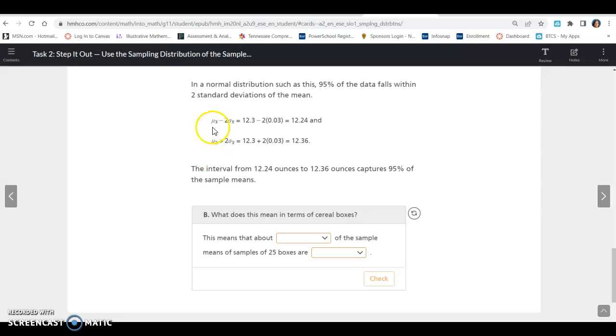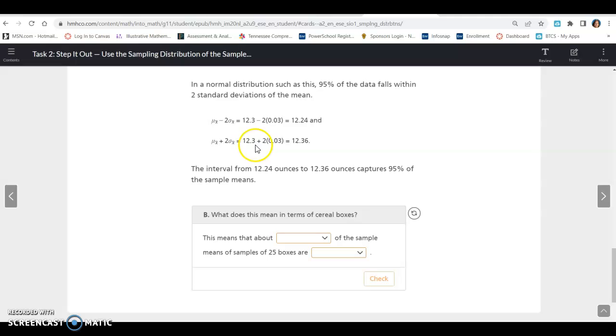All right, so to calculate that, we have the average, 12.3, and we're going to subtract 2 standard deviations. So 2 times the 0.03, and that's going to give us about 12.24. Okay, so that's 2 standard deviations to the left because this is minus. And then we're going to do the same thing with adding 2 standard deviations.